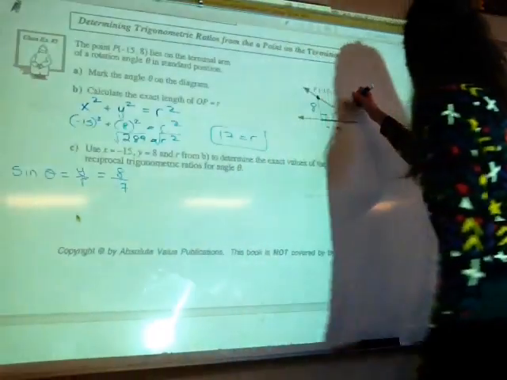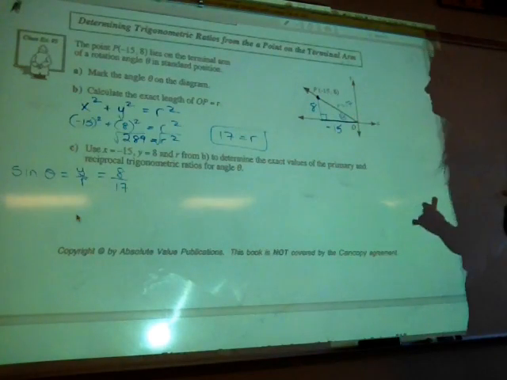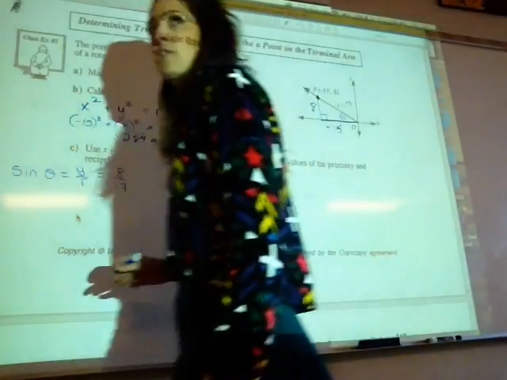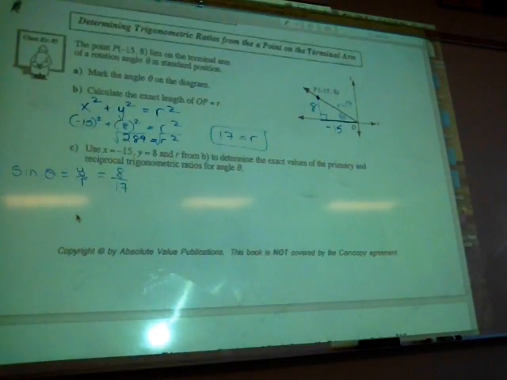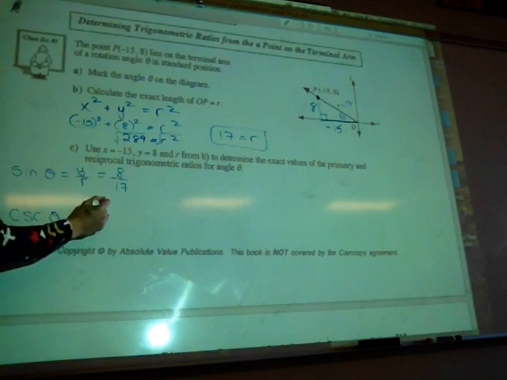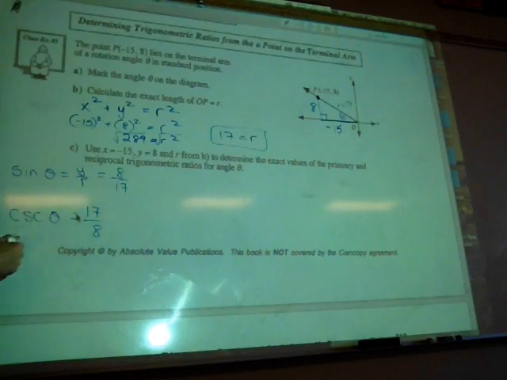If it helps, just put r equals 17 on the diagram. Who remembers the reciprocal trig ratio for sine? Cosecant, very good. So csc theta will be equal to the reciprocal of that, 17 over 8.